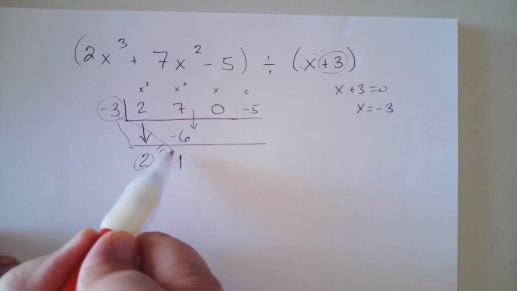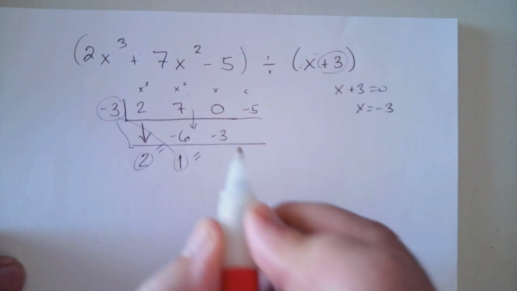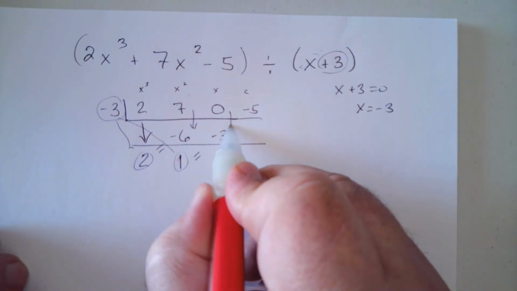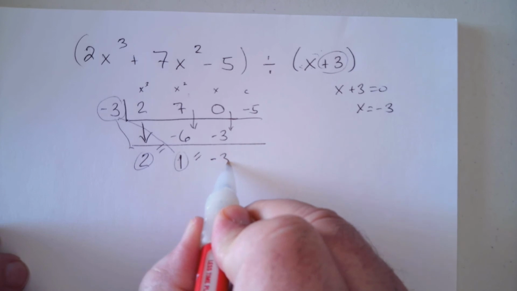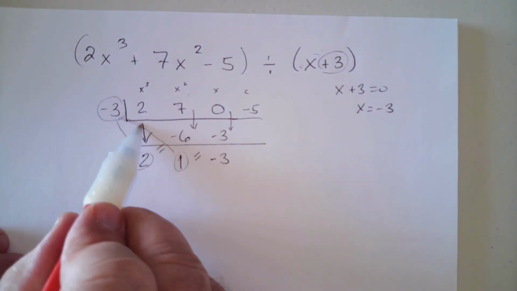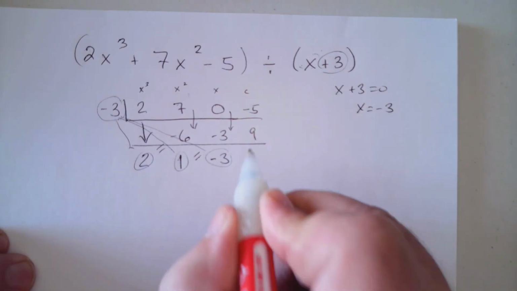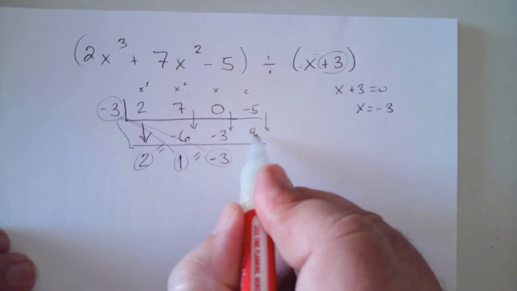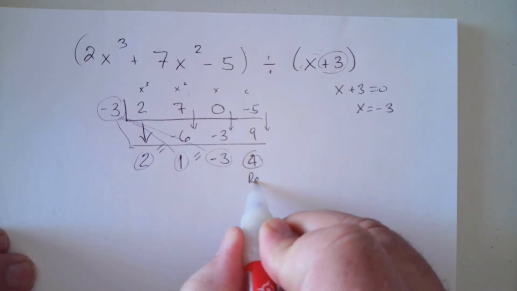Negative 3 times 1 is negative 3. Add. 0 minus 3 is minus 3. Negative 3 times negative 3, so negative times negative is positive, 3 times 3 is 9. 9 minus 5 is 4. That's the remainder.